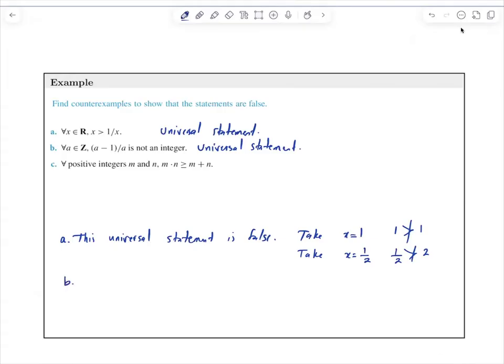But if I take A to be 1, we find a counterexample. This universal statement is false. Why is that? Take A to be 1, then 1 minus 1 divided by 1 is 0, which is an integer.